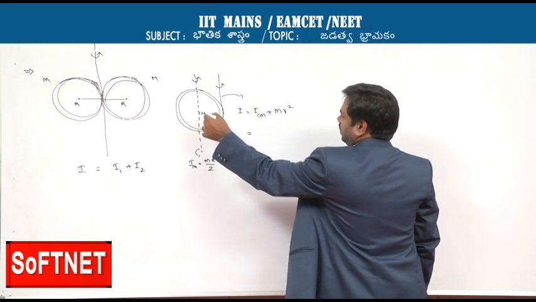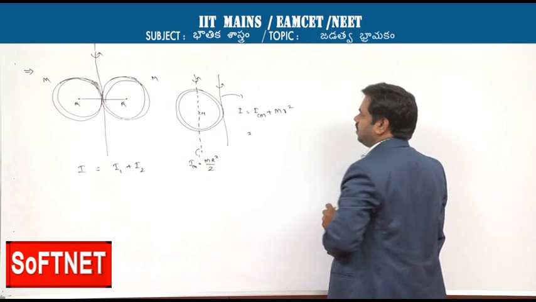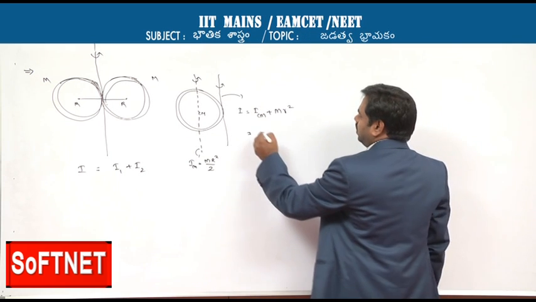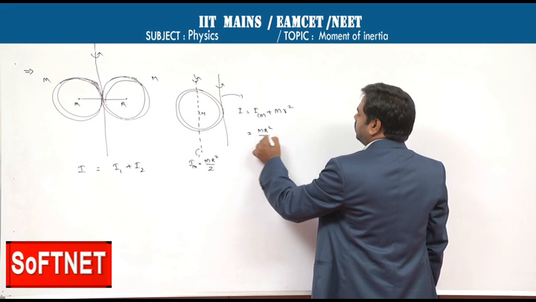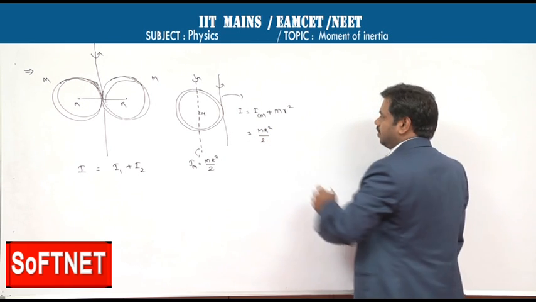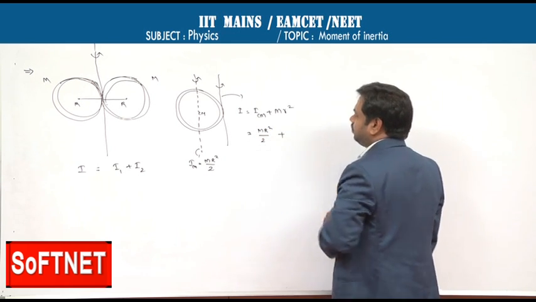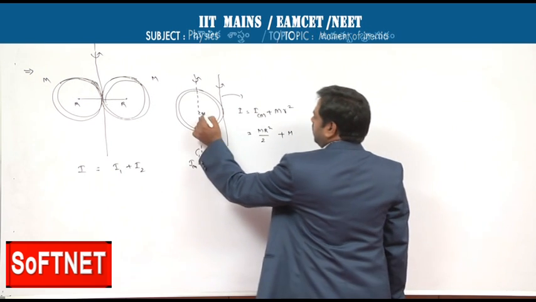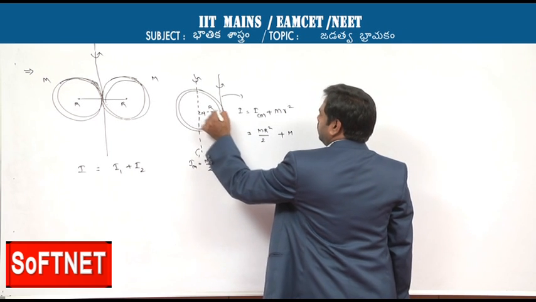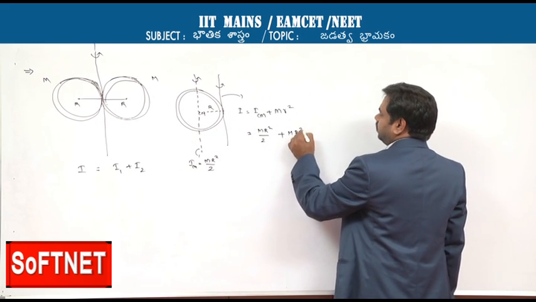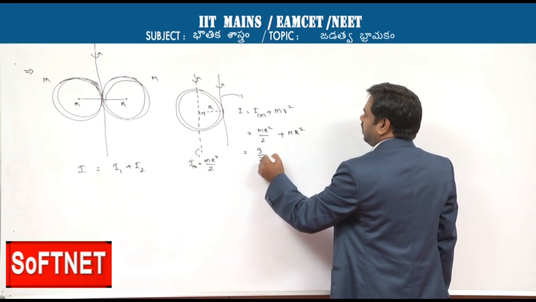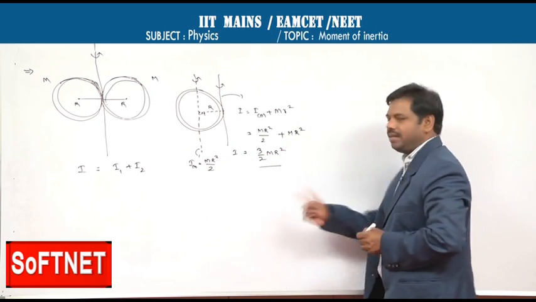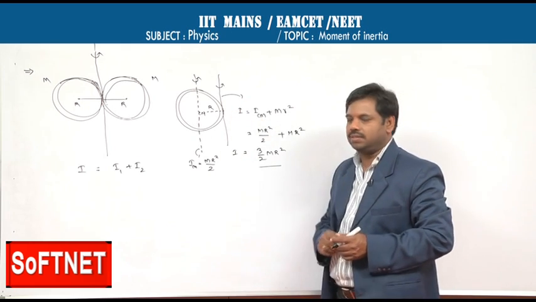I_CM means about the parallel axis which is passing through the center of mass, and the axis is present in the plane of the ring, that already you know, MR square by 2, plus capital M, r is equal to the perpendicular distance between the two parallel axes, that is equal to capital R. So you will get 3 by 2 MR square. This is the moment of inertia of one ring about this axis.